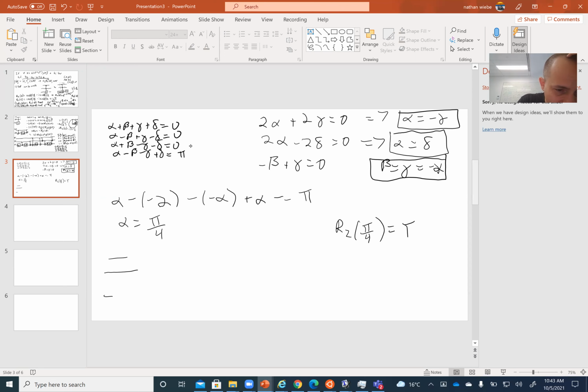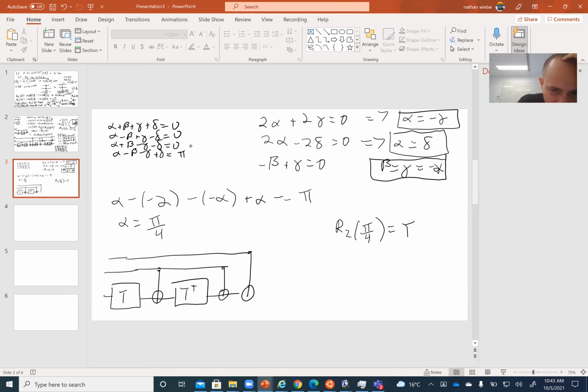This shows that we can implement this as T, C-NOT, T dagger, T dagger, and then the last one, which is given by C-NOT, C-NOT.